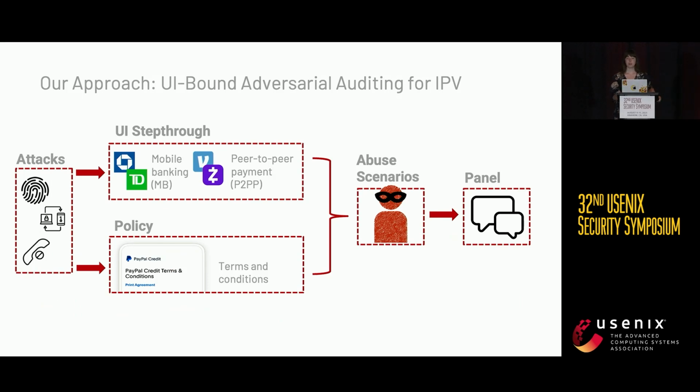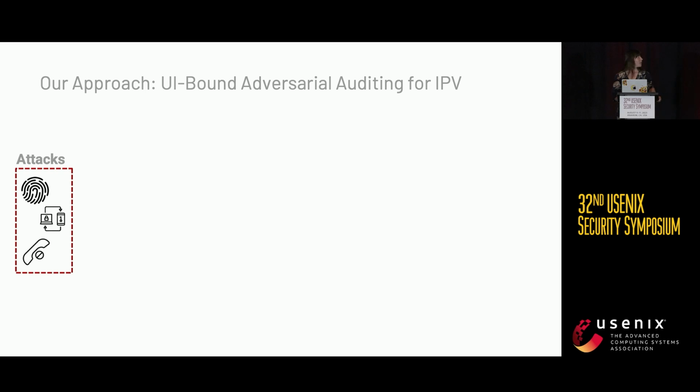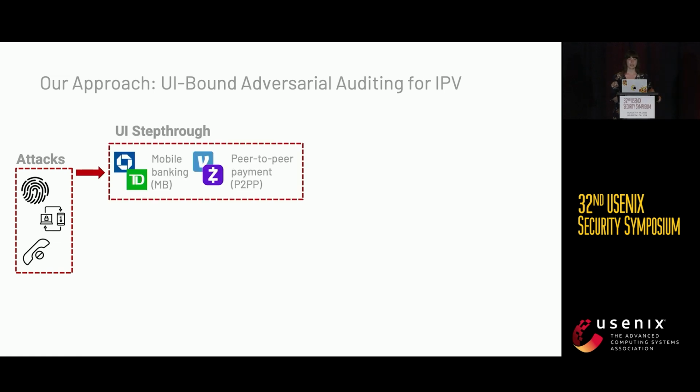In this work, we propose a practical but structured five-step approach to evaluating the UI-bound threat model. First, we scope known attack vectors across tech abuse and map these to identified account functionalities.